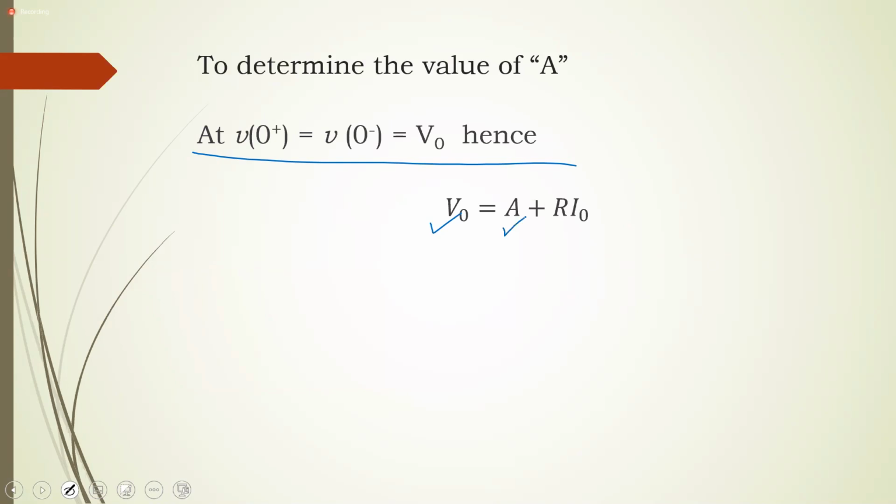So we have A, which has no impact on R, i0. R doesn't change. i0 is the source that you applied. So we rearrange this and we get A to be equal to V0 minus Ri0.